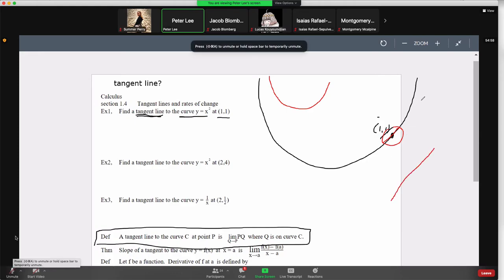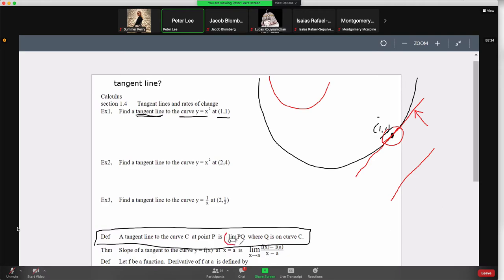And so, if we look at that line right there, that line which is almost describing the behavior of that curve near that point, that line is called a tangent line. The concept is a little bit more advanced. It cannot be explained in simple terms like in geometry, because it does involve what we call the limit.